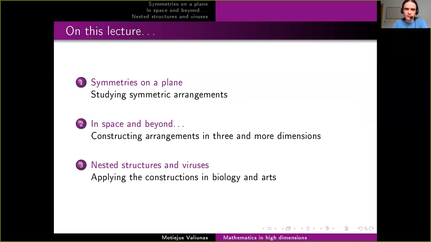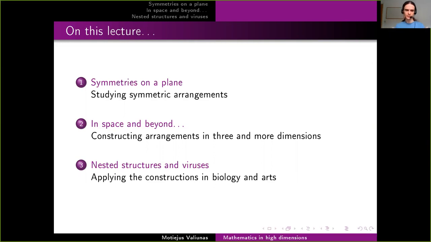In this lecture, I'm going to tell you a bit about symmetries on a plane, so what kind of symmetric objects we can have, and how we can describe them mathematically. In the second part of the talk, I will say something about how we can study similar things but in higher dimensions.